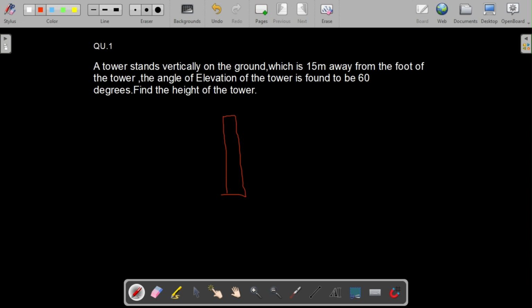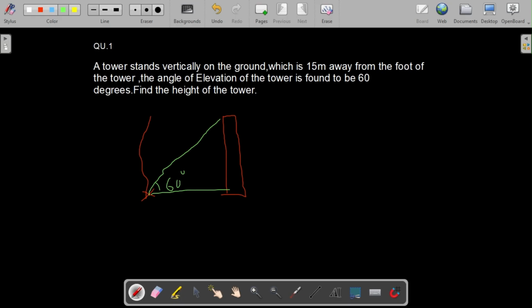I can even assume that I have another tower standing; it can be anything. Now, the angle of elevation of the tower is found to be 60 degrees. So from this point to this place is considered to be what? 60 degrees. The question is, find the height of the tower.